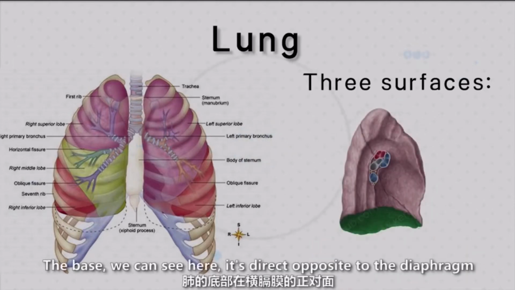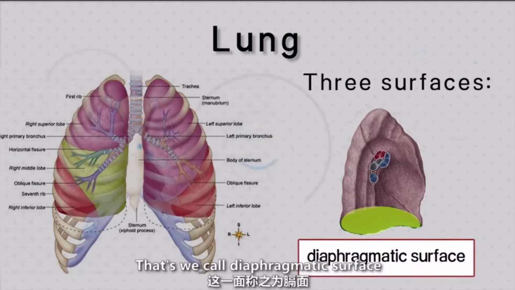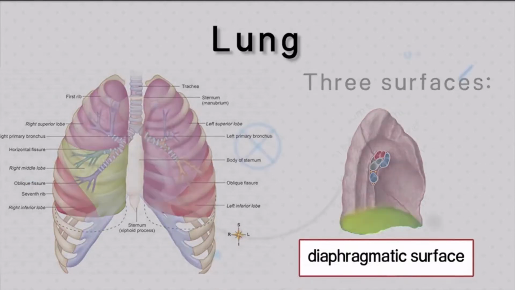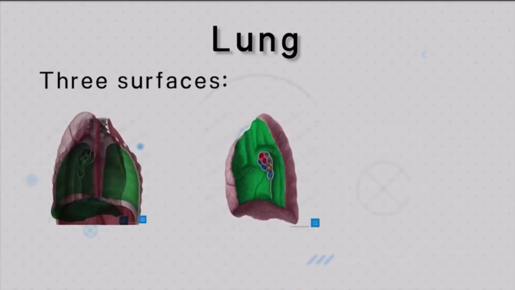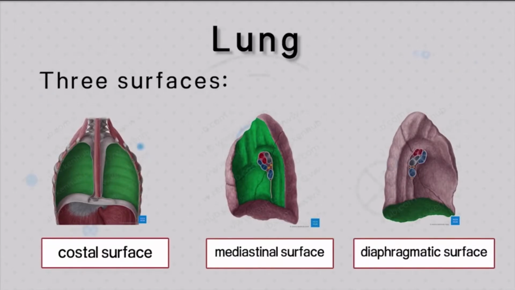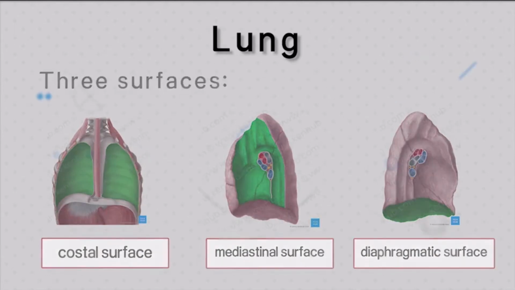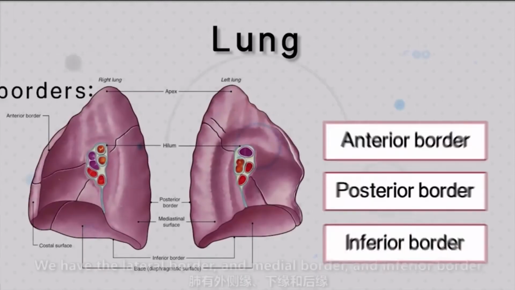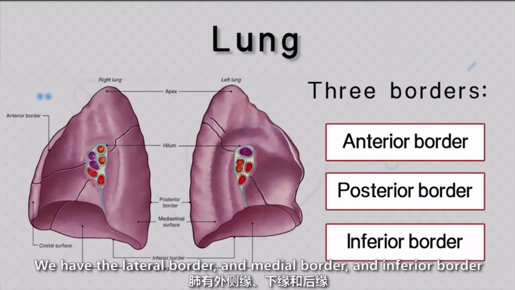The base is directly opposite the diaphragm, so we call it the diaphragmatic surface. We have the lateral border, the medial border, and the inferior border.